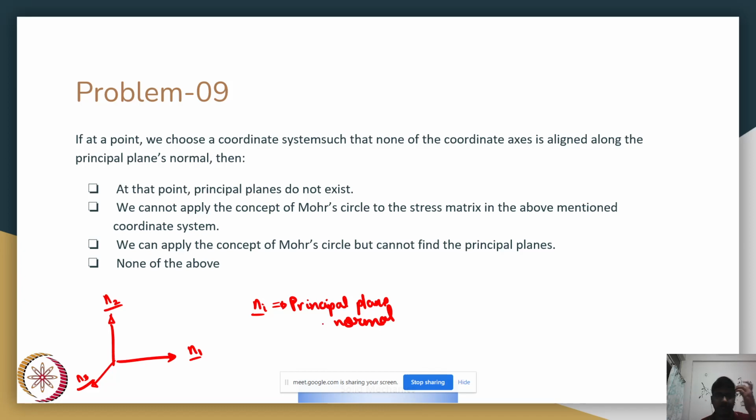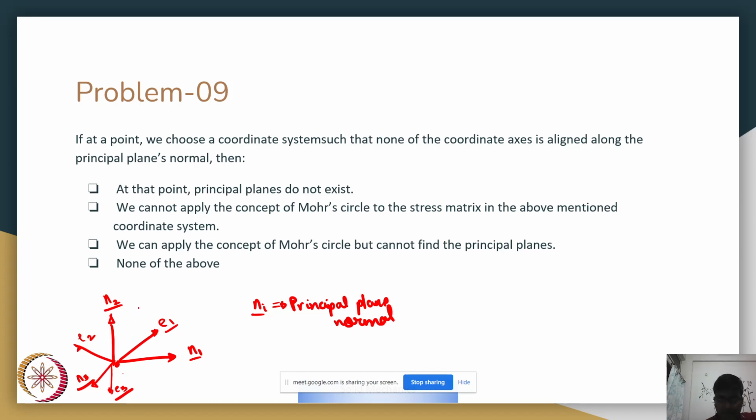And we are told that we choose a coordinate system so that none of our chosen axes is aligned along the principal planes normal. So we can choose something like E1, E2, and E3. This is the coordinate system that we choose. Then which of the following holds?